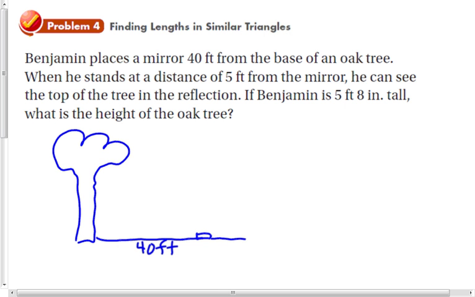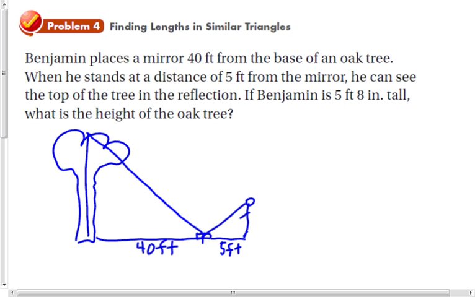So let's draw another line here and call it 5. And he's standing there. So here's Ben. He's peering down from here, and he sees the top of the tree there.